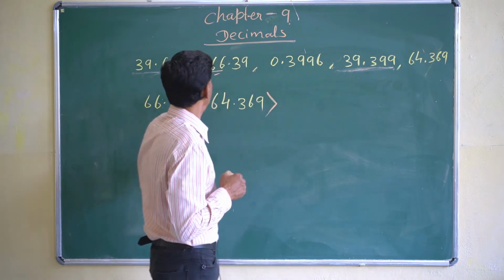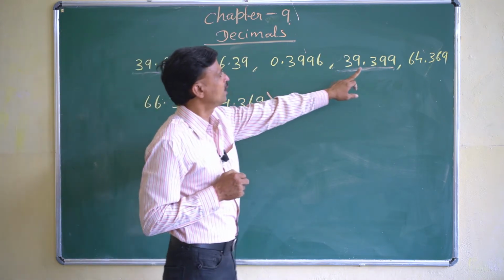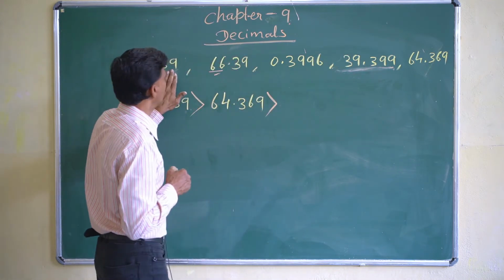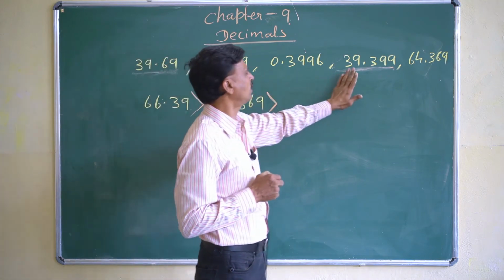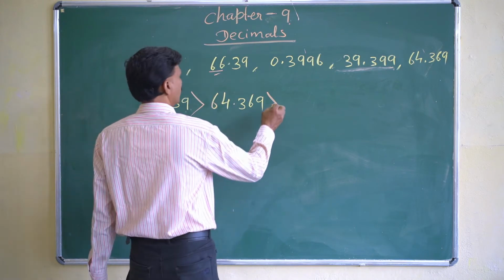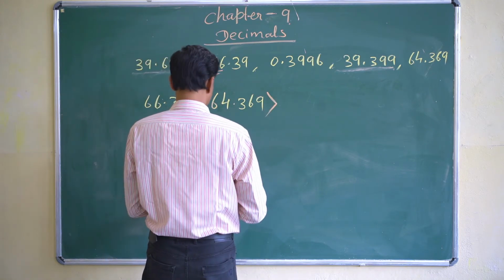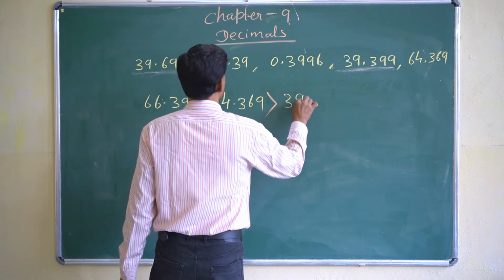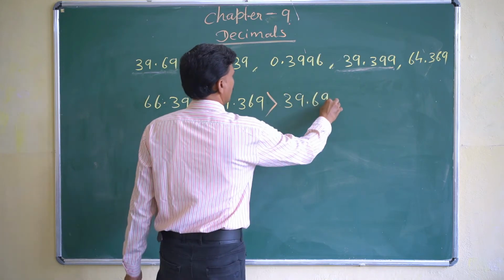So 6 is greater than 3. You don't care about the number of digits after the decimal. When we are comparing, you compare the first place digit. So 6 is greater than 3, that's why 39.69 will be greater than 39.399. So we'll write 39.69 in third place.